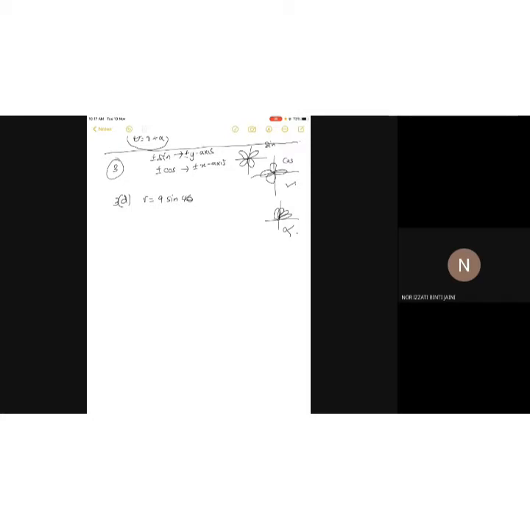Okay, so you nak lukis Rose curve, dia ada tips dia lah actually. The first one, you let your R equals to the length. What is the length? The 9 yang kat depan ni adalah length of your Rose. Okay. This one is the N. The N will determine the number of petals.